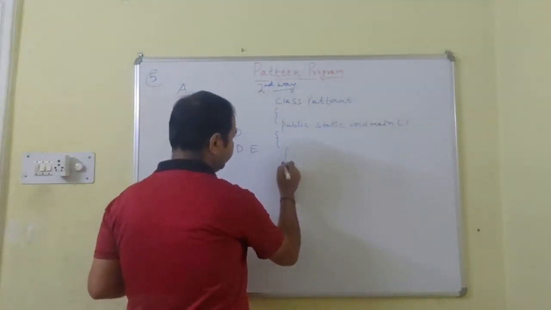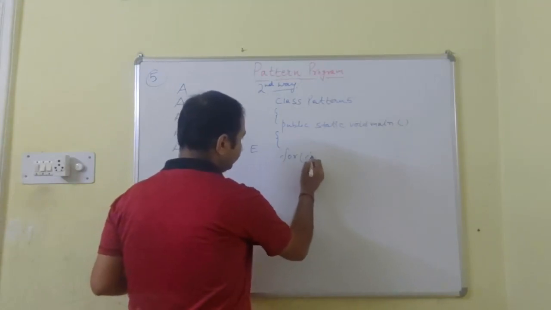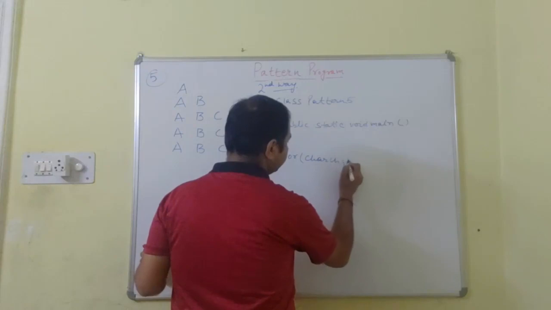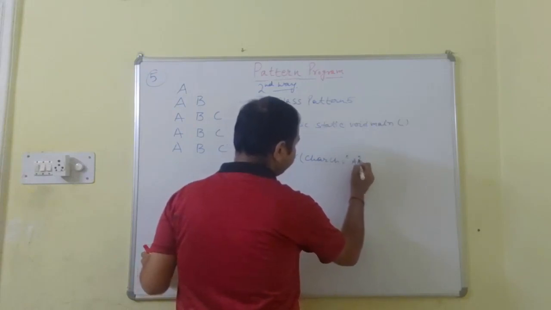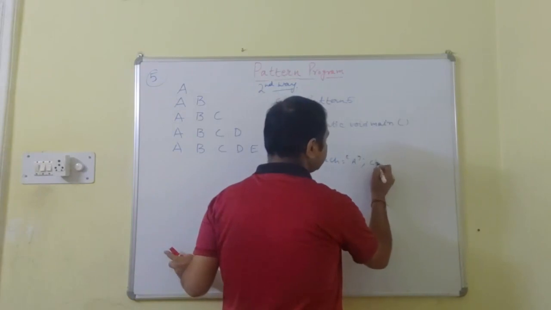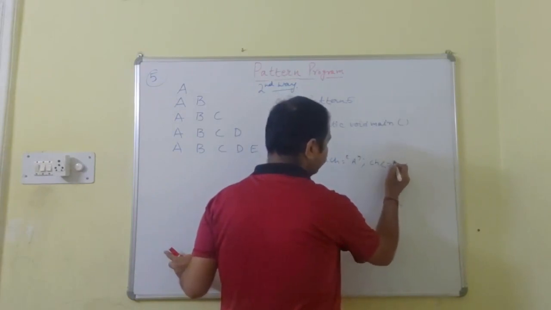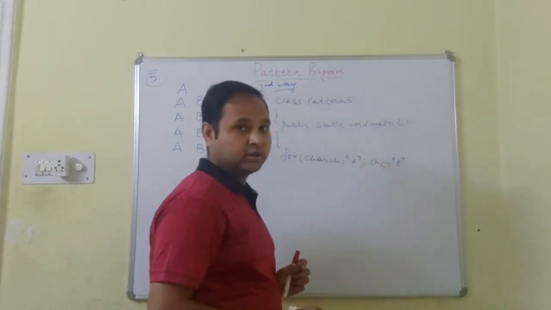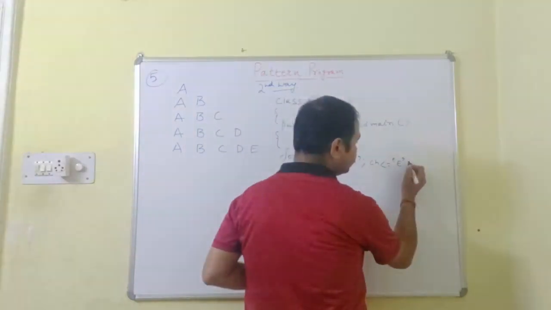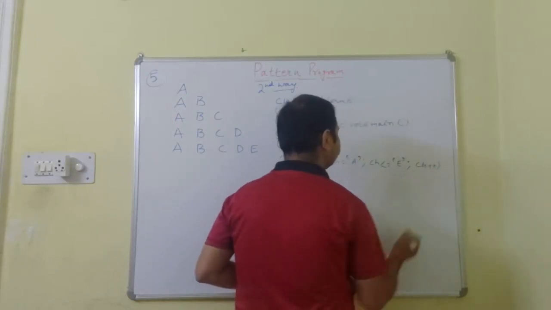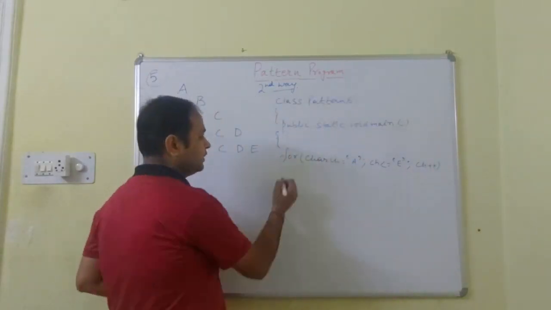I write for char ch equals to 'A', ch less than equal to 'E'. As you know, the characters are always written within single quotes, so we have to enclose it within single quotes. Then we write here ch plus plus. Okay.